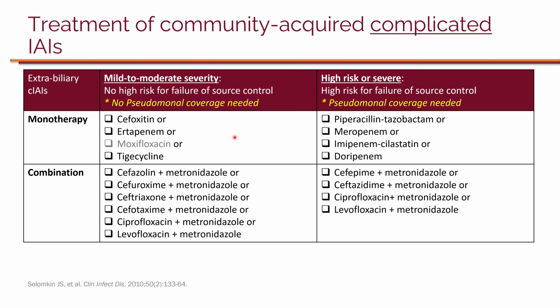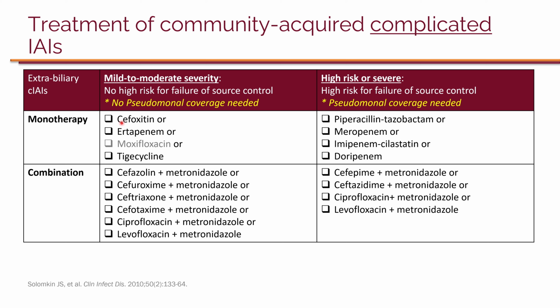So when it comes to treatment of extrabiliary complicated intra-abdominal infection, essentially you need to think whether the patient has high risk for failure. So if the patient has any of those risk factors, they will be considered high risk. Otherwise, the patient will be mild to moderate with no risk. So if there is mild to moderate severity, there is no need to cover Pseudomonas.